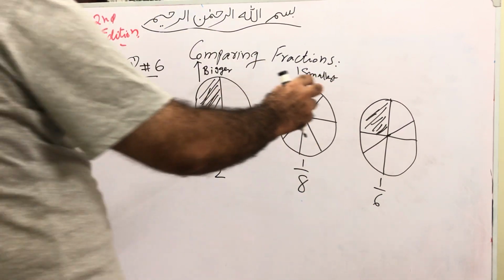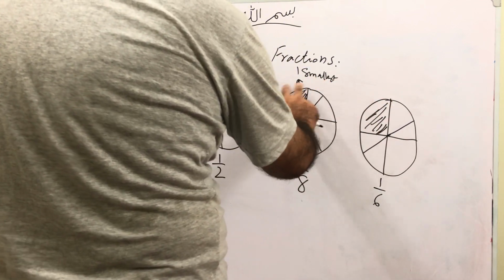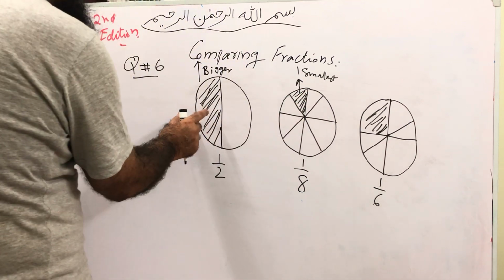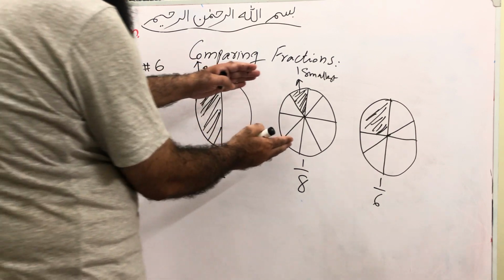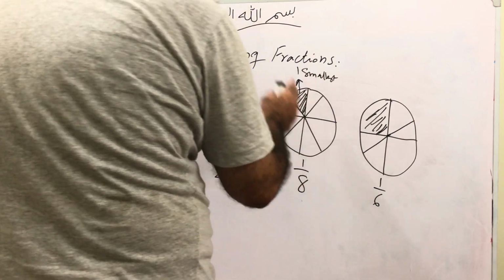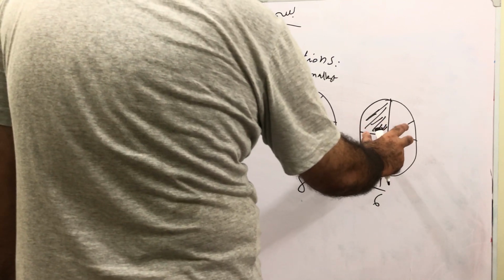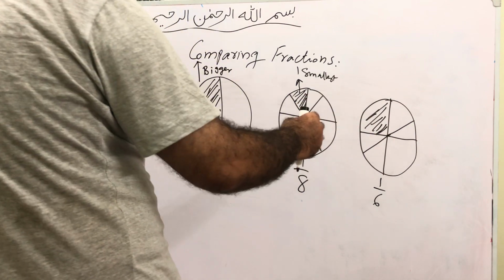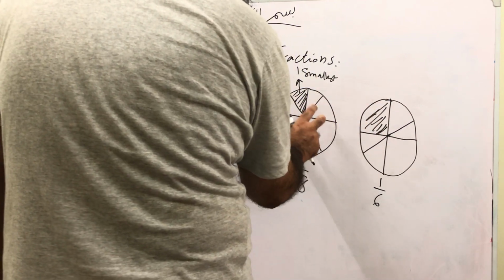And if you have of the same cake 6 parts, it is comparatively bigger than this one, because here you are getting the 8th part. Here you are getting only 1 part out of 2. You mean half of the cake you are getting. Here you are getting 1/8, one slice, if you cut 8 small slices. Here, if you cut it into 6 slices and you are getting 1 part, it will be slightly bigger than this, because here there were 8 parts.